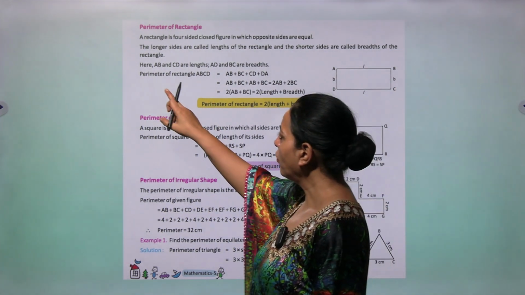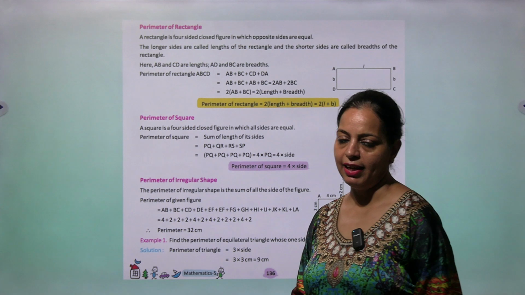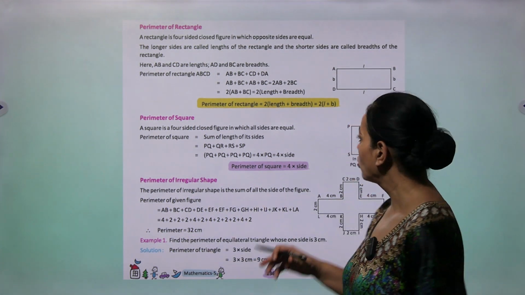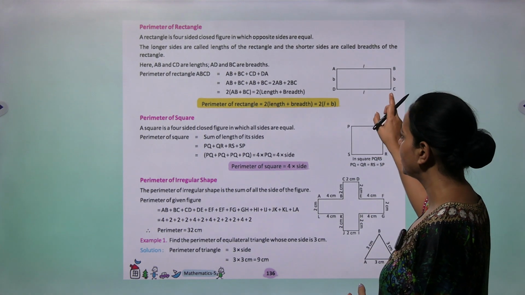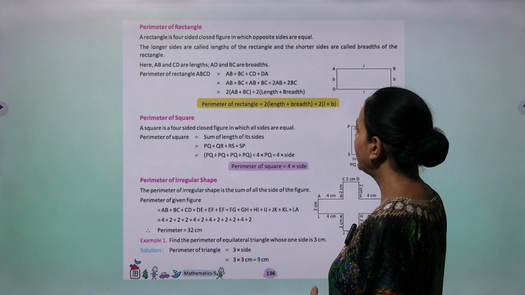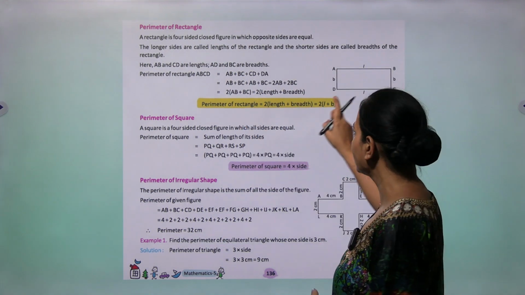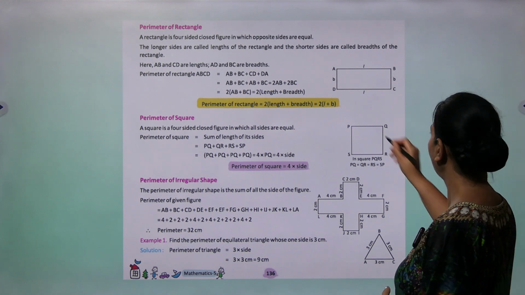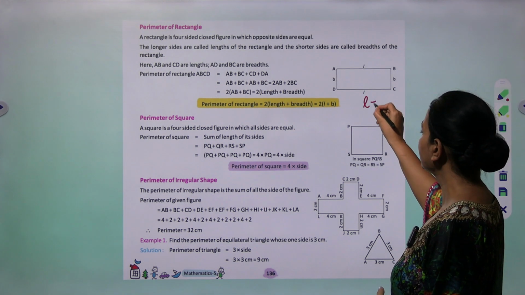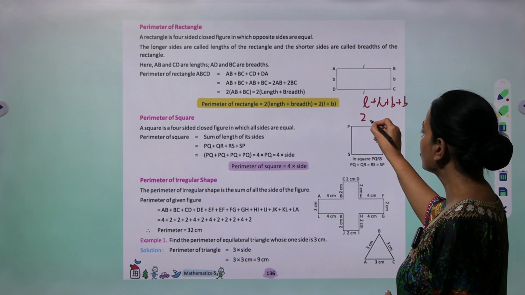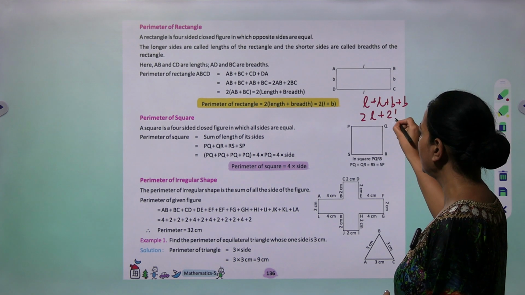Now how can we find the perimeter of rectangle ABCD? It has 4 sides, so we will take the sum of the 4 sides. What will we write? AB plus BC plus CD plus DA. So AB and CD are the same, which means L. L plus L plus B plus B means 2L plus 2B.